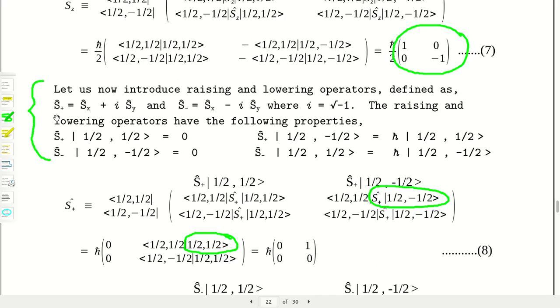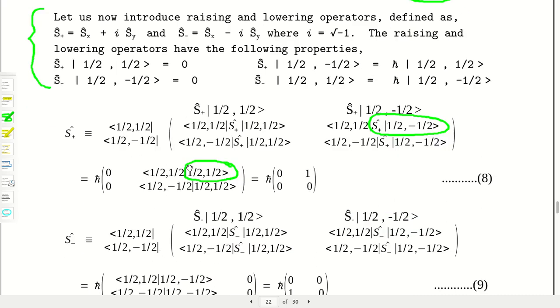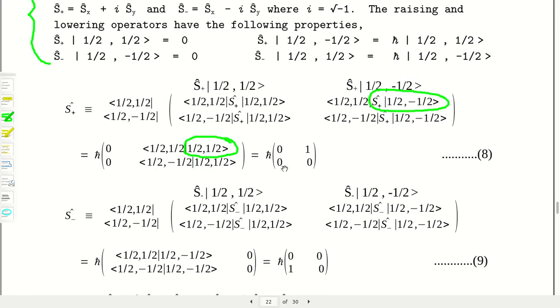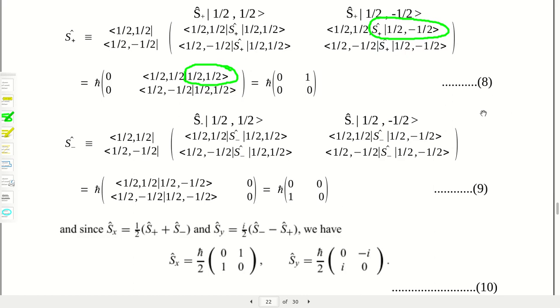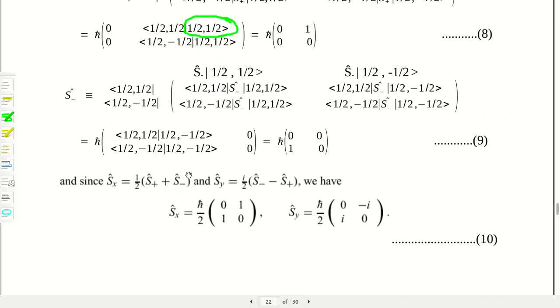So Sx is equal to half of S plus plus S minus, and you know the S plus and S minus operators in matrix forms, equation number 8 and equation number 9. Just add them and you get Sx. Similarly, Sy is equal to i by 2 times S minus minus S plus.